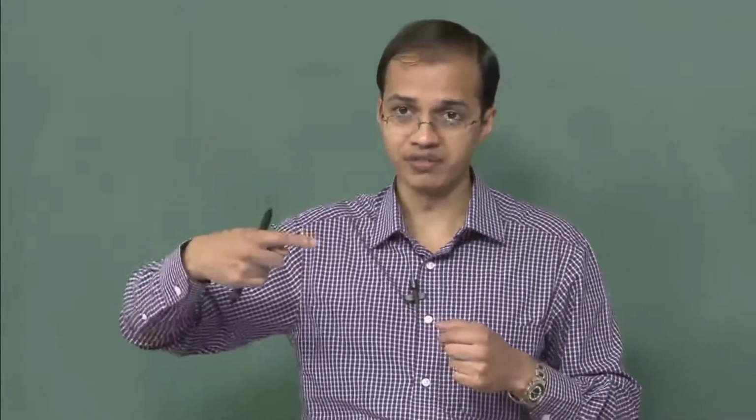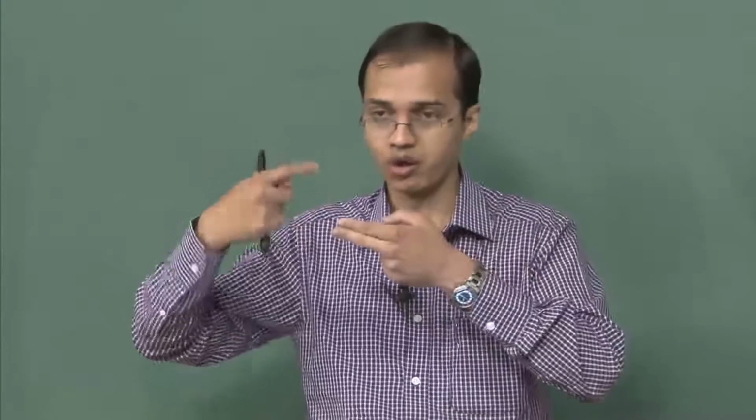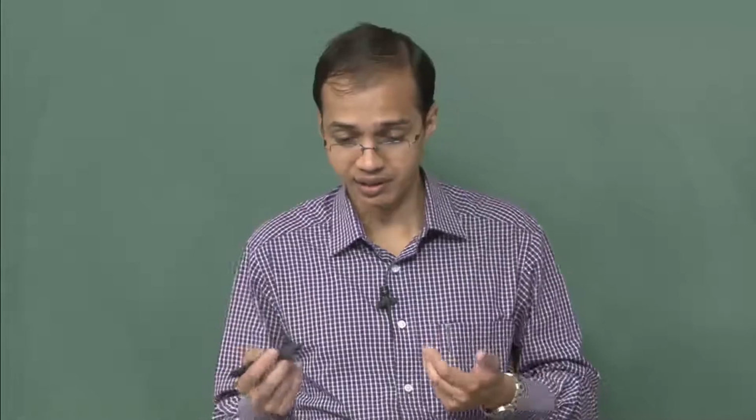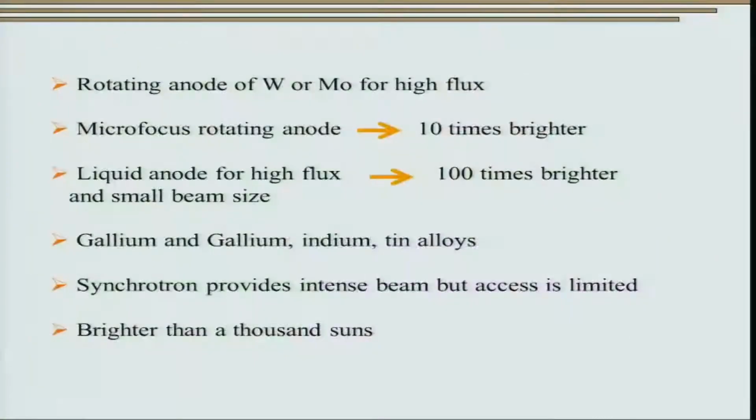However, with a liquid anode, we have a constant flow of liquid, and the electrons are always hitting a new interface comprising liquid. Therefore, there is no problem of overheating, and we can obtain very high intensity, as good as 100 times brighter than the X-ray tube.